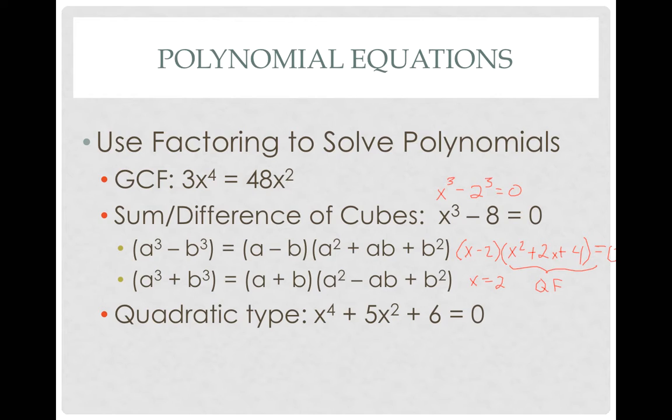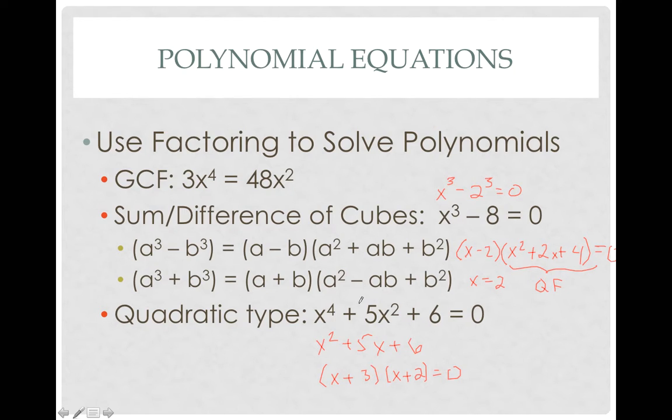The last one here is a quadratic type problem. Now, this is what we call a quadratic type because it kind of looks like a quadratic. It kind of looks like x squared plus 5x plus 6. And we know that this factors to x plus 3 and x plus 2.